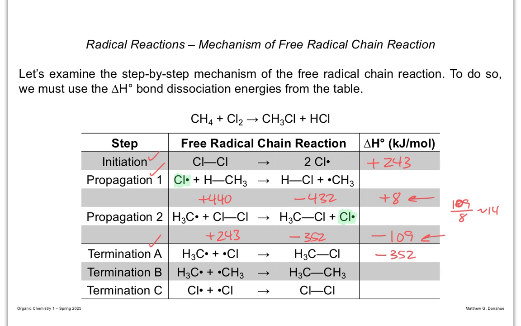Now that's forming a carbon-carbon bond, so that's negative 378. And then we saw to form chlorine, it's just the opposite, negative 243. Those generate heat, but again, they don't propagate the reaction cycle. So this is when we're using chlorine as the halogen.